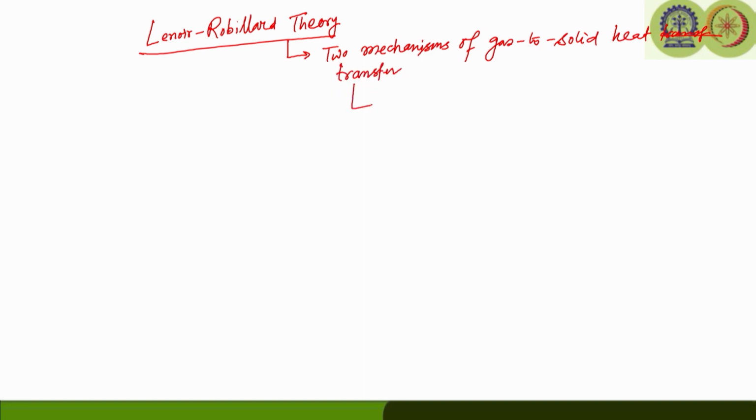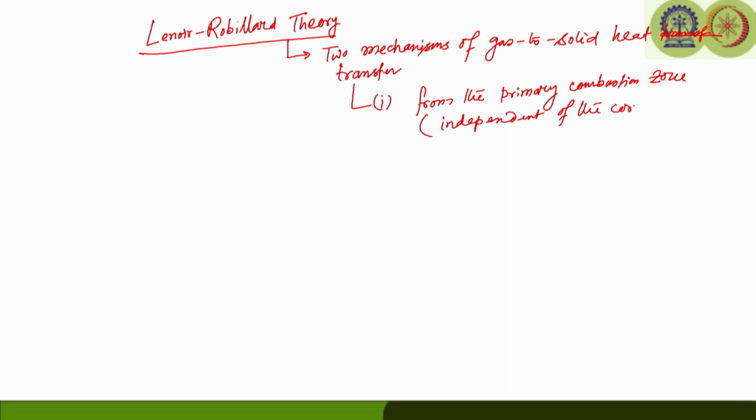So, what are those? One is from the primary combustion zone, so this part is independent of the core gas velocity, and it is basically a function of only pressure.